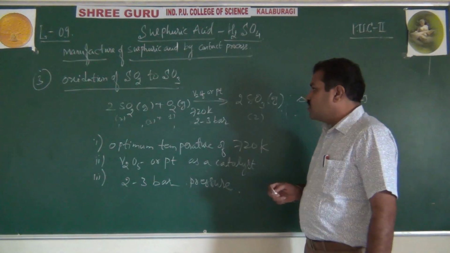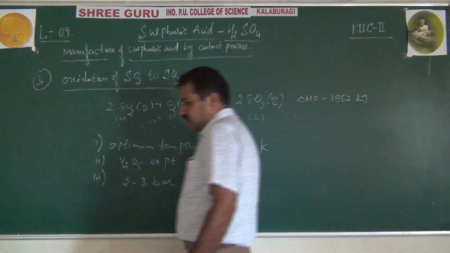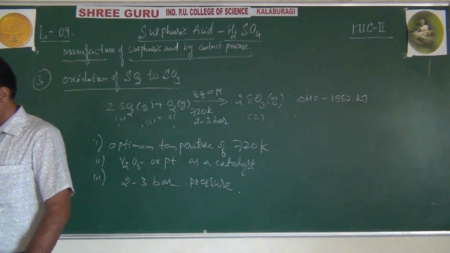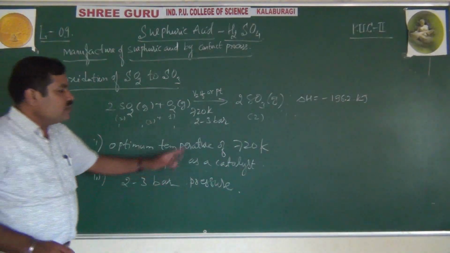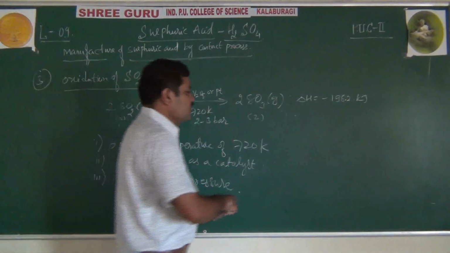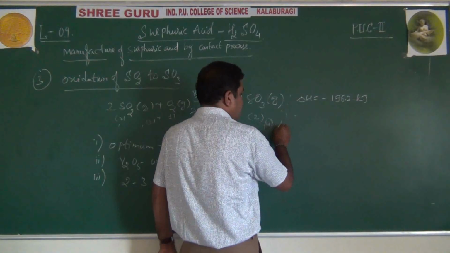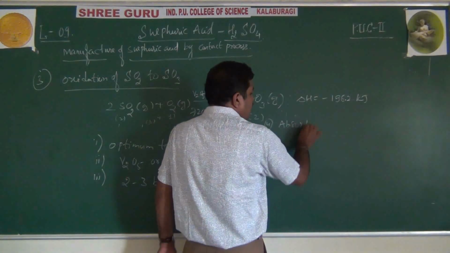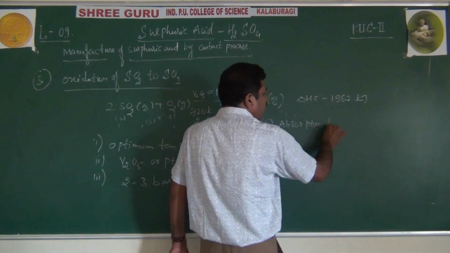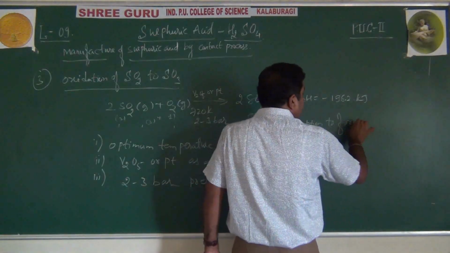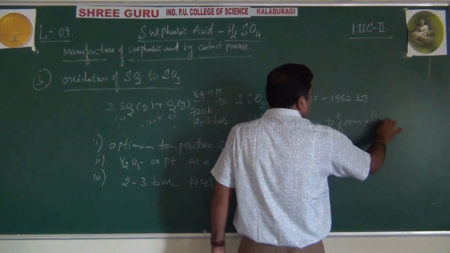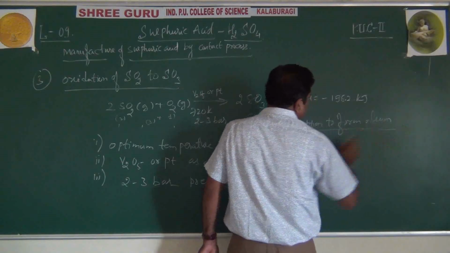So students, once again, this is also a contact process where we got the third step, the final step. The next, fourth one, we will write it: absorption to form oleum. What is oleum? Fuming sulfuric acid.